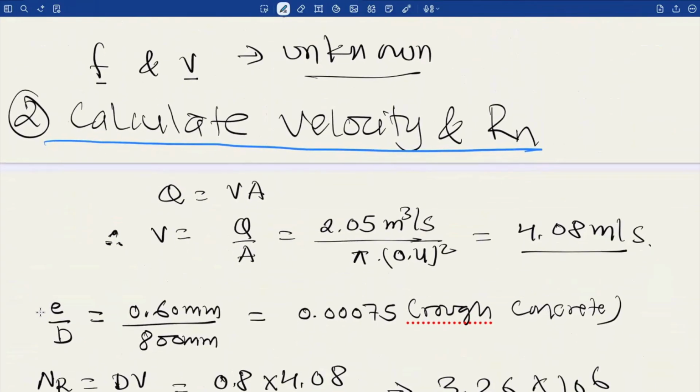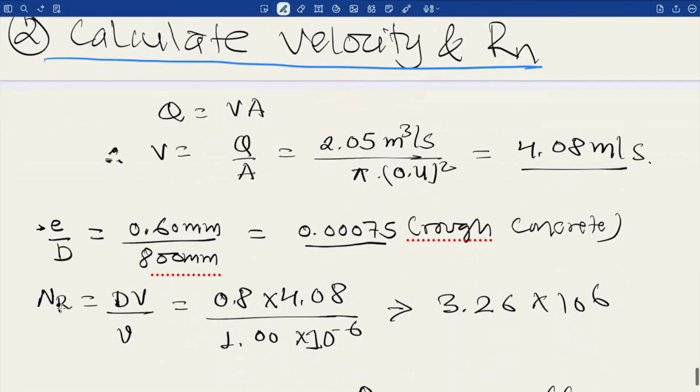E by D will be equal to 0.6 by 800 millimeter, so that gives us 0.0075 for rough concrete. For Reynolds number, we just use diameter times velocity, where velocity is obtained from above by relating flow rate and area, divided by the kinematic viscosity. The kinematic viscosity of water at 20 degrees Celsius is 1 times 10 to the power minus 6. So that gives us 3.26 times 10 to the power 6.